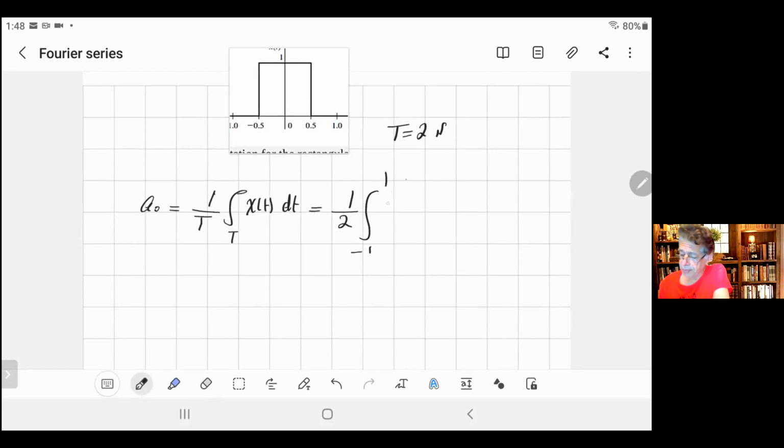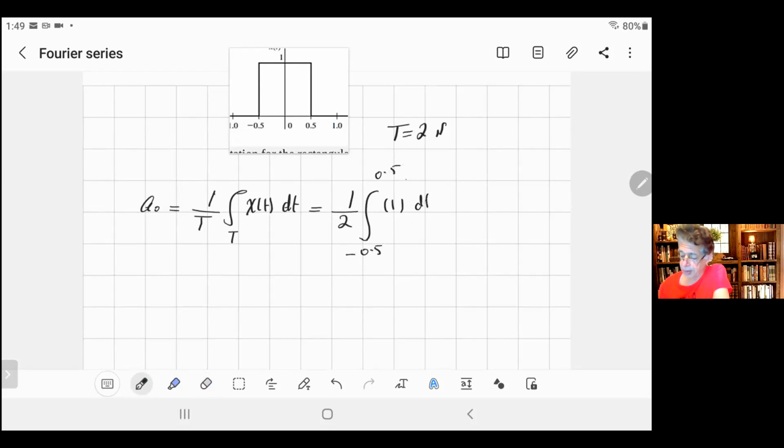And you have 1, that's the value of x of t. But not everywhere. It's only 1 from -0.5 to 0.5. From -1 to -0.5 it is equal to 0. From 0.5 to 1 it is equal to 0. So the limit of integration here, I can modify it to be from -0.5 to 0.5.